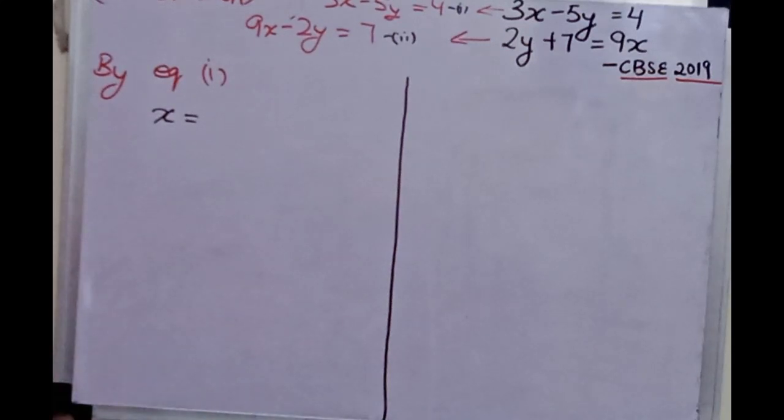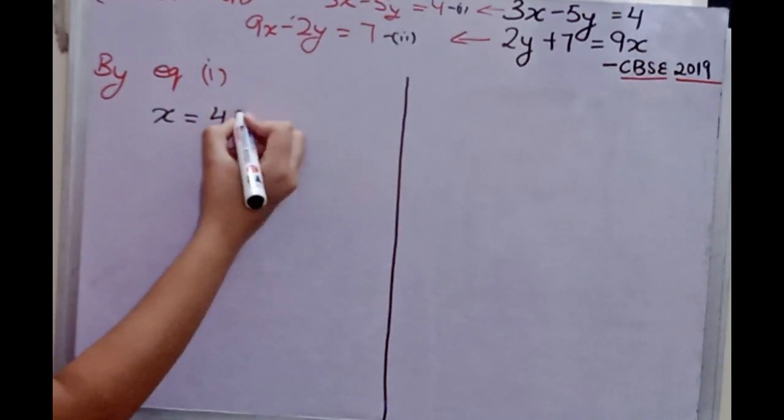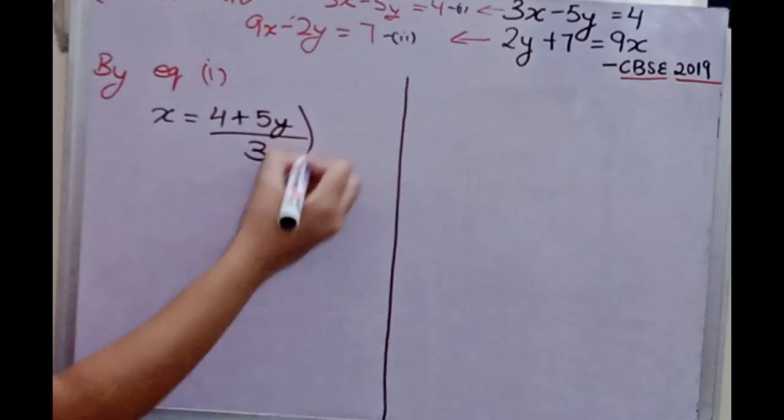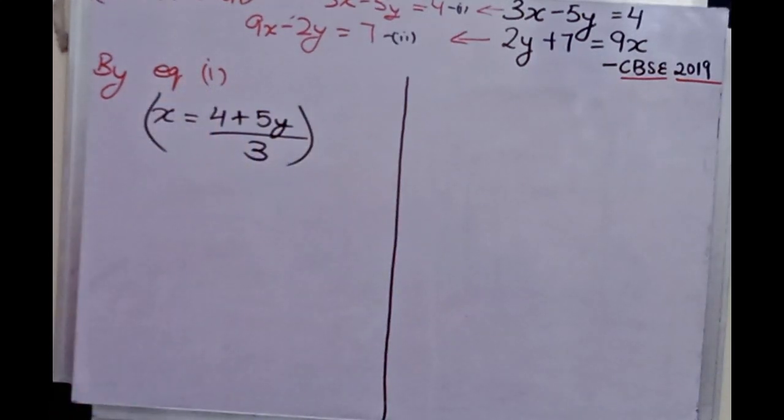You can do that without this process as well, but if you are not certain about yourself, you can do that also. 4 plus 5y by 3 is the value of x.